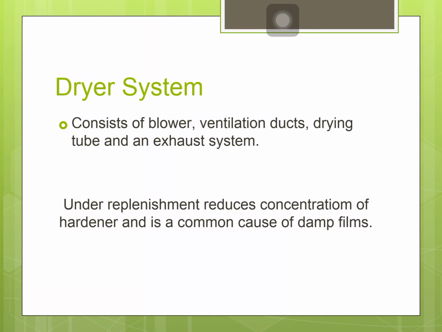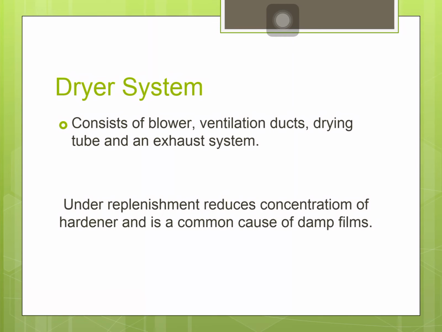So, ano ba yung nasa dryer system ng automatic processor? We have a blower, ventilation ducts, drying tube, and an exhaust system. So, lalabas yung film natin na tuyo na containing the manifest image.